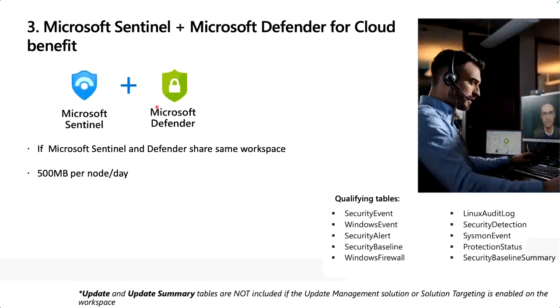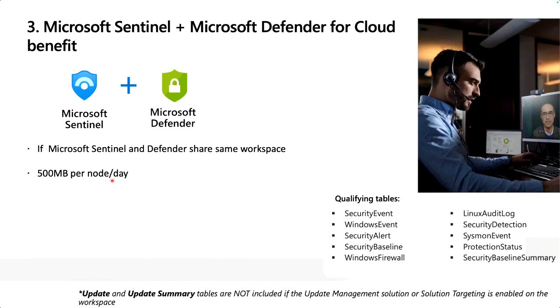Also, as you've seen on the previous slides, there is Microsoft Defender, a threat protection tool to secure your infrastructure. When you use it, you can benefit from free, non-billable data ingestion of up to 500 megabytes per node per day.